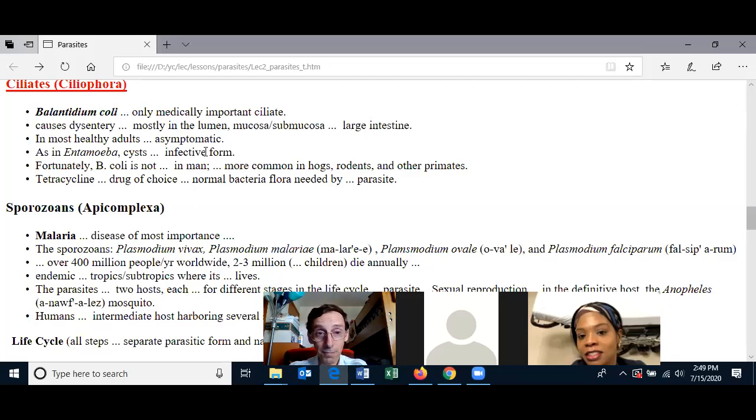It's just living in your lumen, eating bacteria, and the loss of that bacteria is not a concern to you. Okay? It's only when the Balantidium coli burrows into your mucosa and submucosa that it can start an infection in the intestines.